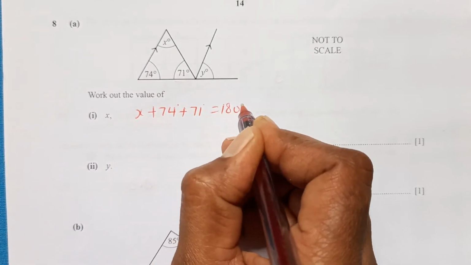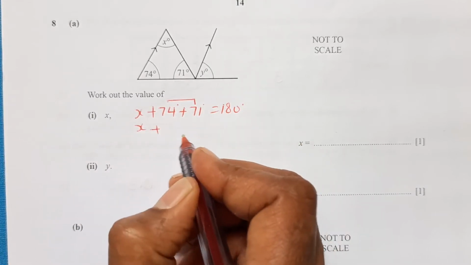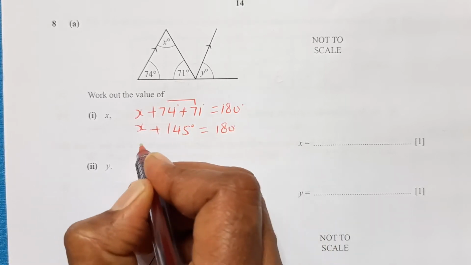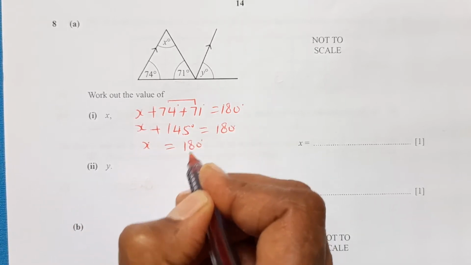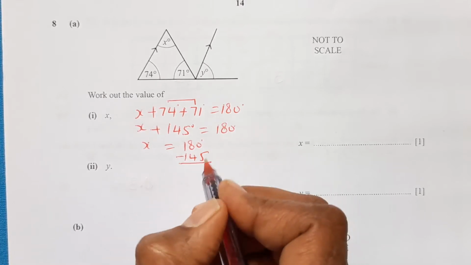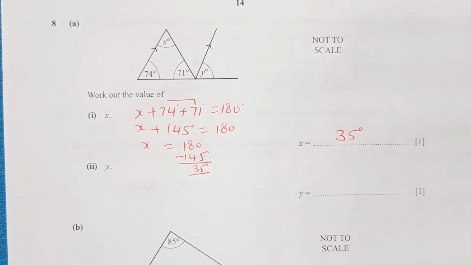This is 180 degrees. So 74 and 71 is 145. So x will be 180 minus 145, which is 35. So this angle is 35.